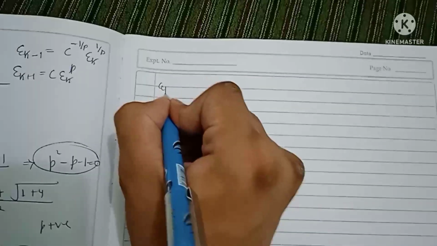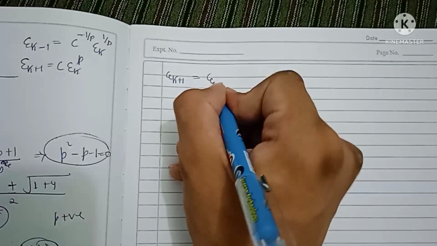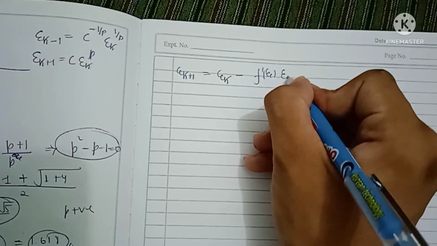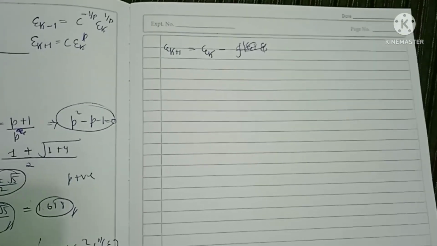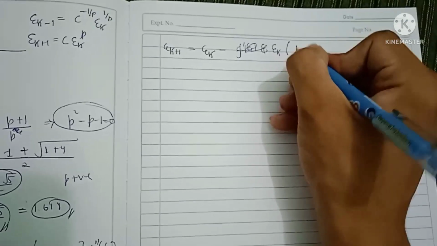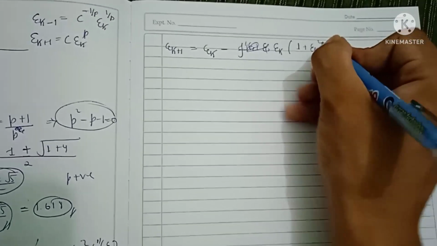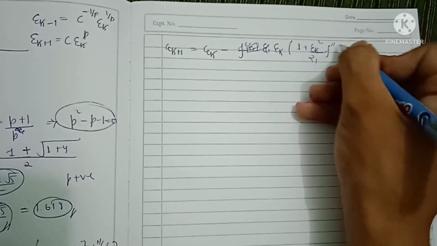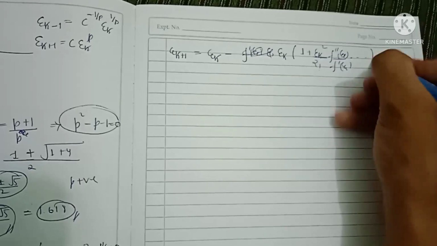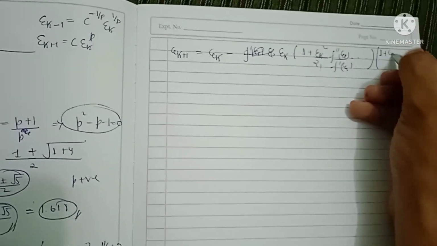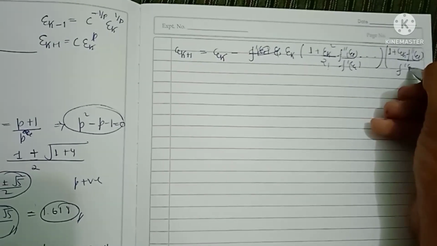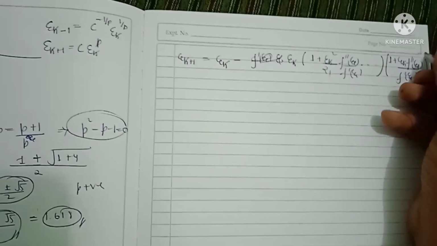Now e_(k+1) is equal to e_k minus, we will cancel out f'(epsilon) simply here, and now write e_k times 1 + e_k squared upon 2 factorial f''(epsilon) upon f'(epsilon), into 1 + e_k f''(epsilon) upon f'(epsilon) all to the power minus 1.